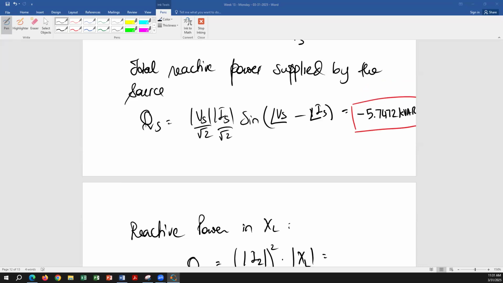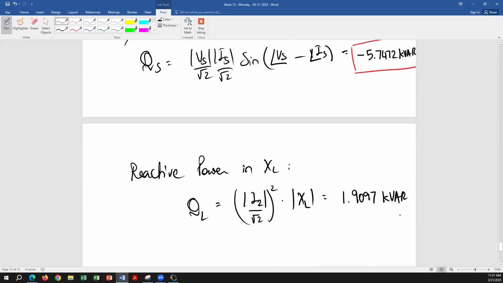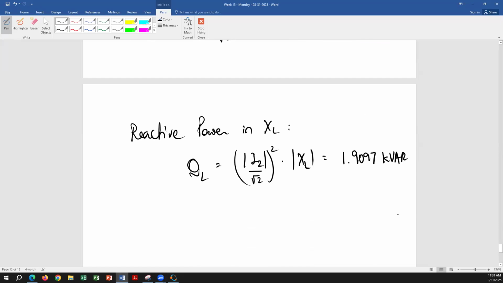QL is equal to absolute value of I2 square times absolute value of XL divided by 2. That is 1909.7, divided by 1000, so 1.9097 kilovolt ampere reactive. Remember, Q for an inductor is positive.